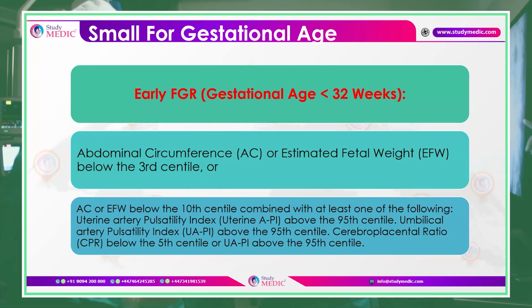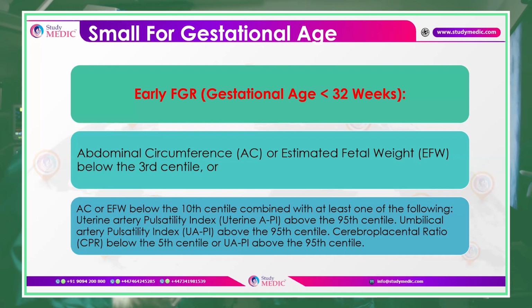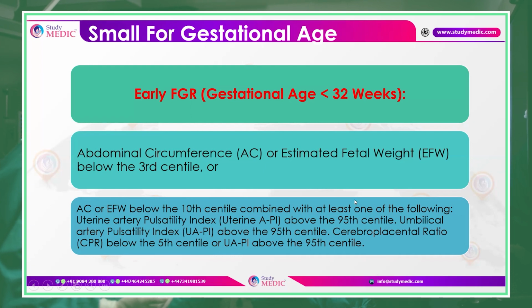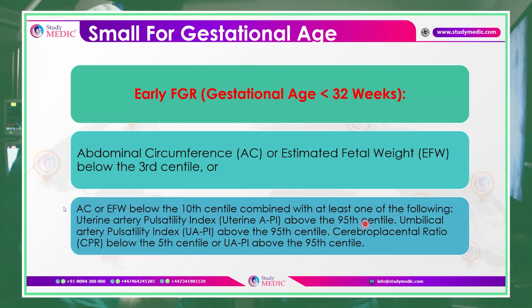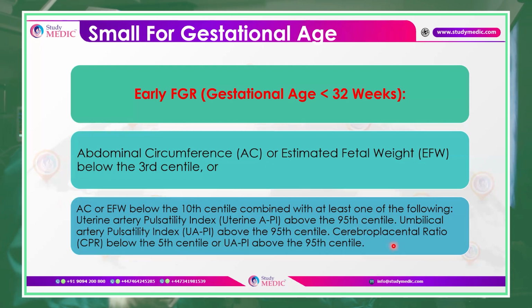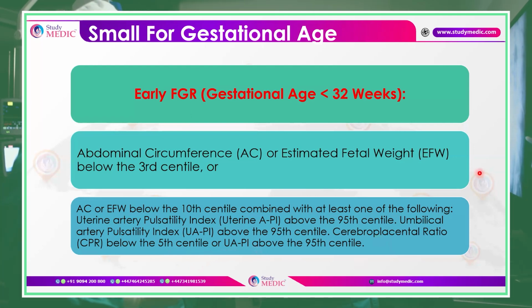Before 32 weeks, if the abdominal circumference or estimated fetal weight is below the 3rd centile, or is less than the 10th centile with at least one of the following: uterine artery pulsatility index above the 95th centile, umbilical artery pulsatility index above the 95th centile, or cerebroplacental ratio below the 5th centile. In that situation, we can say that this is growth retardation.